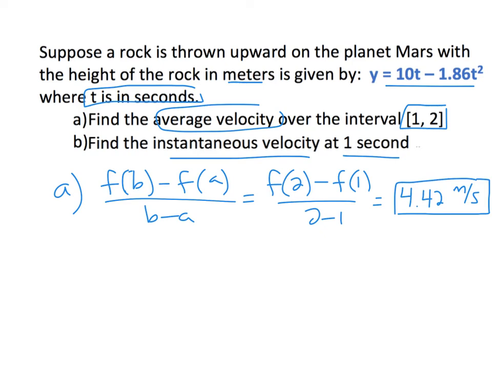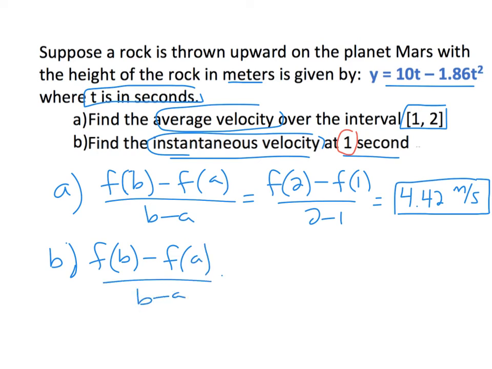For instantaneous velocity, the word instantaneous velocity means really the slope of the tangent line here. And so remember, to find slope of the tangent line, we want to explore an interval really close to 1. We're still going to use average rate of change formula, and so it's still going to be f of b minus f of a all over b minus a. But now our interval's not given. We have to choose an interval really close to 1.